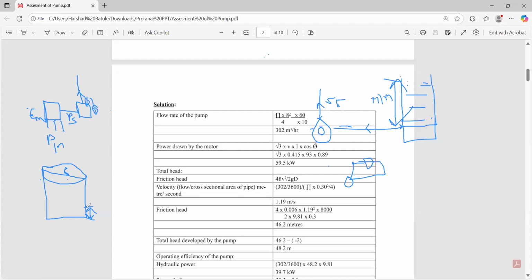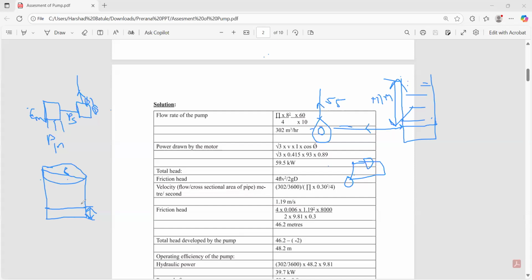So water would be filled up to this level only if we assume the tank level is this much. Assuming the tank level is 1 meter, not randomly, because they have given that to fill 1 meter, you require 10 minutes, right? Correct. We need to calculate the flow rate. We don't need to calculate the total volumetric capacity of that particular tank.